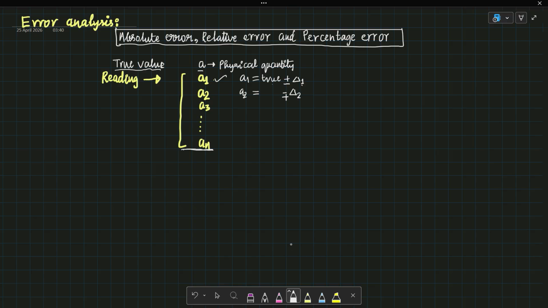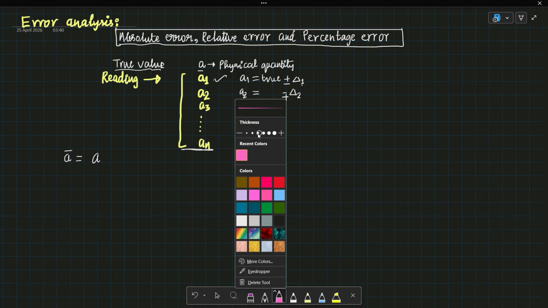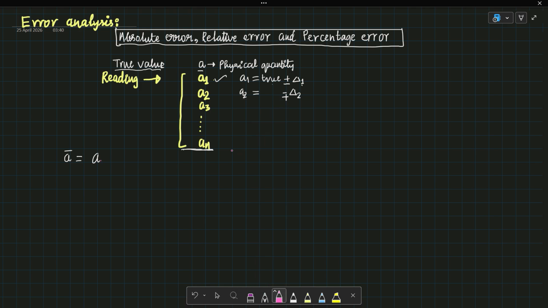So how to know the true value? If we take the average of all these measured values, the average is also shown by a bar, and we also call it the mean.